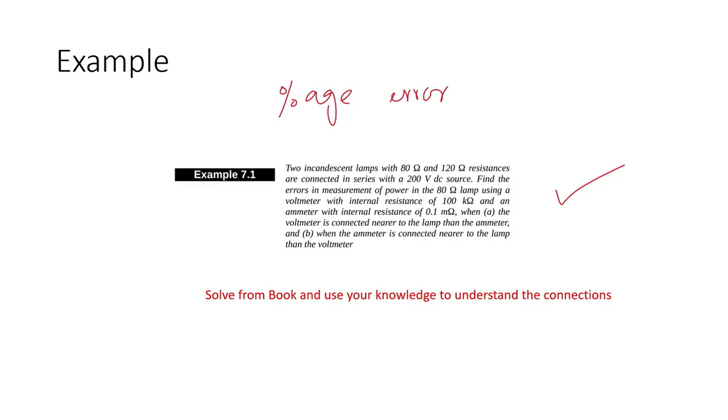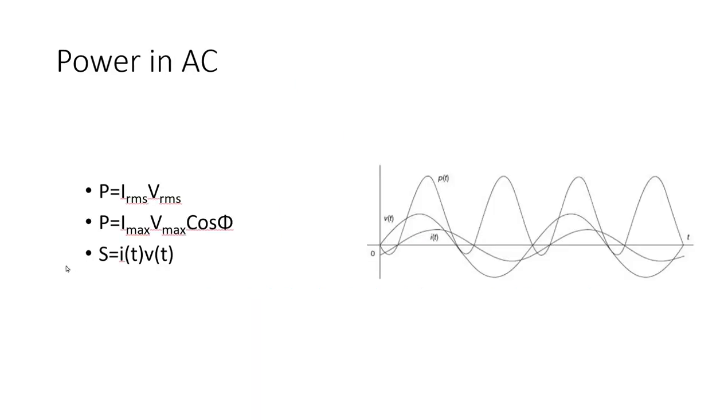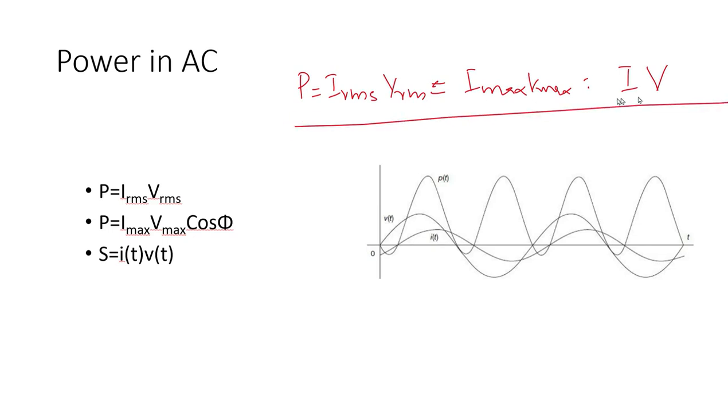Moving towards power measurement in AC. We studied that in DC, P is equal to I RMS times V RMS, equal to I max times V max, equal to I indicated times V indicated. All of these are equal to S, whereas Q is equal to 0. Now AC involves Q, the quadrature power.